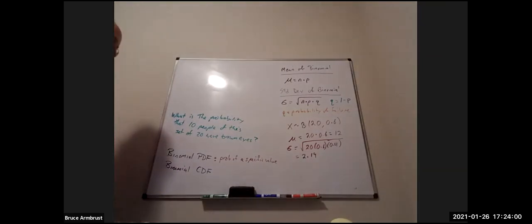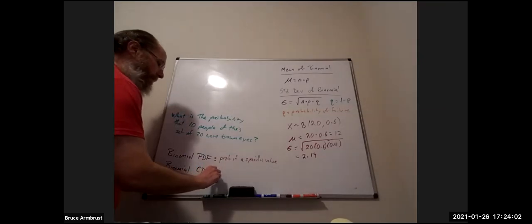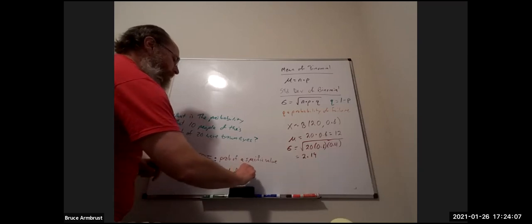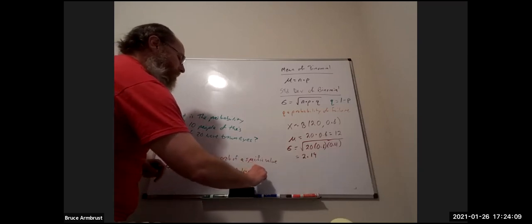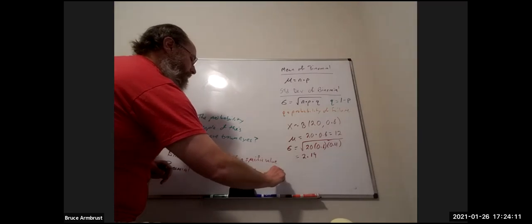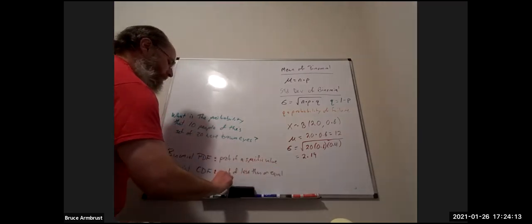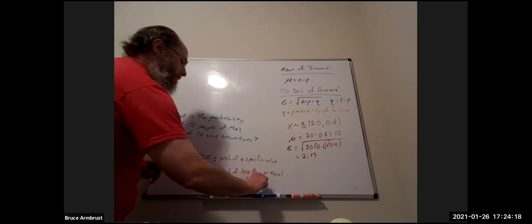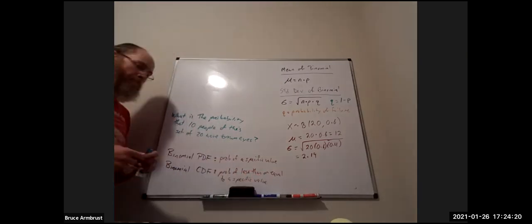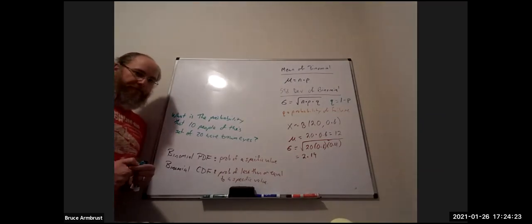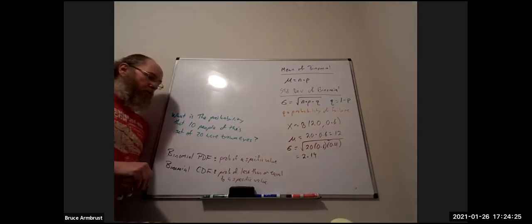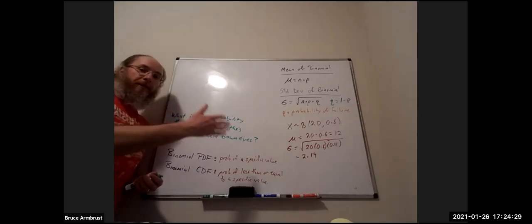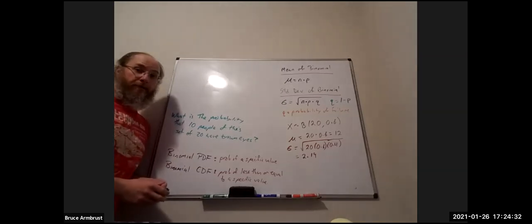For CDF, this is the probability of less than or equal to a specific value. All right, so this would be, what's the probability of 1, 2, 3, 4, 5, 6, 7, 8, 9, or 10?